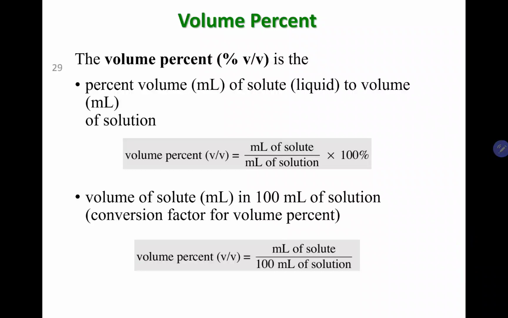Similar to mass percent, you can do volume percent calculations. The only difference is that here the solvent and the solutes are measured in milliliters, or volume terms. On top you have the amount of solute, and in the denominator you have the amount of solution, and you multiply the whole thing by 100%.